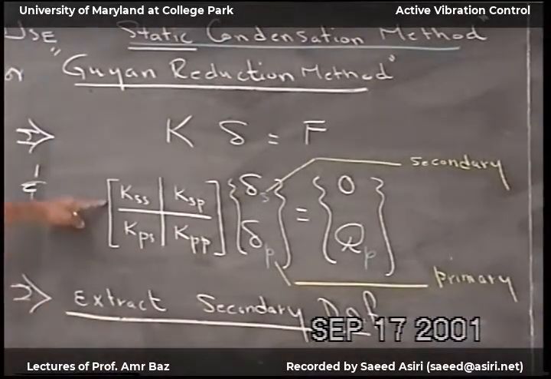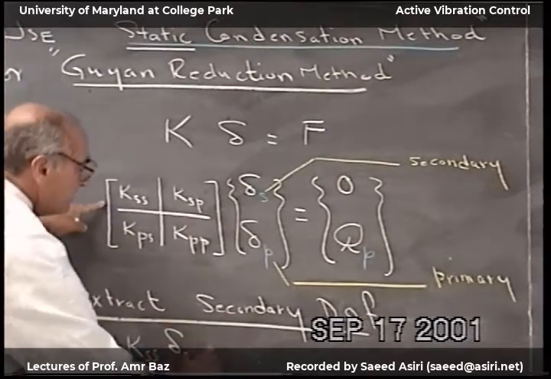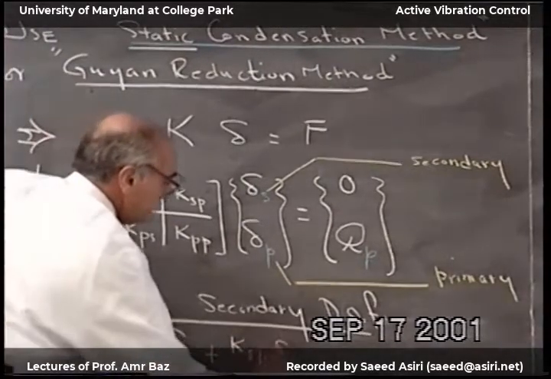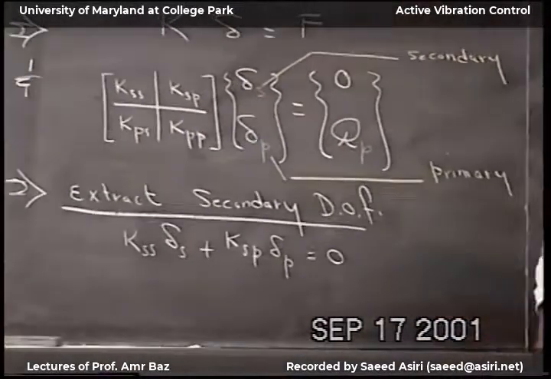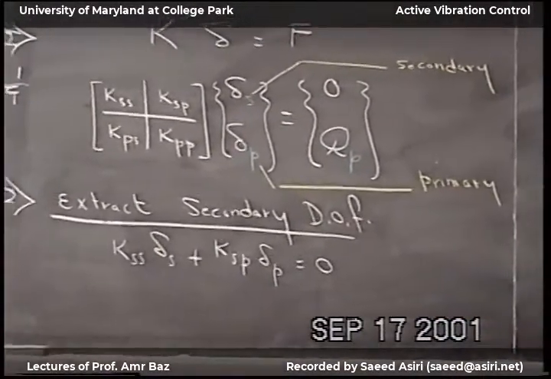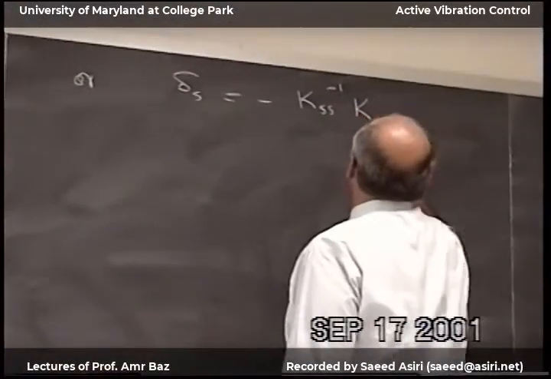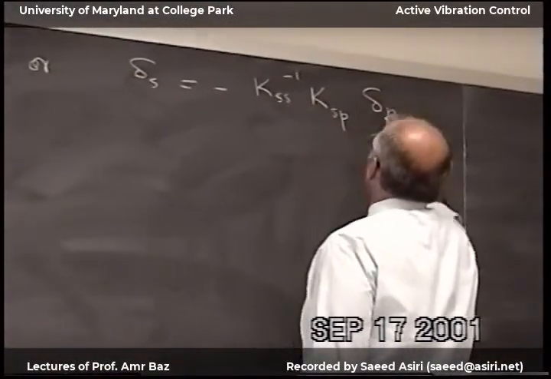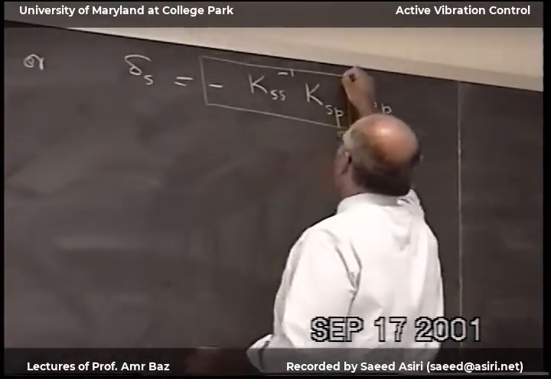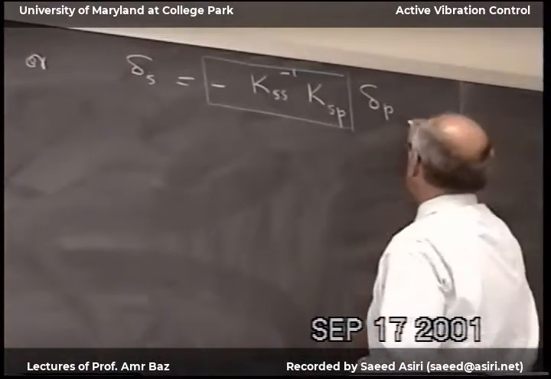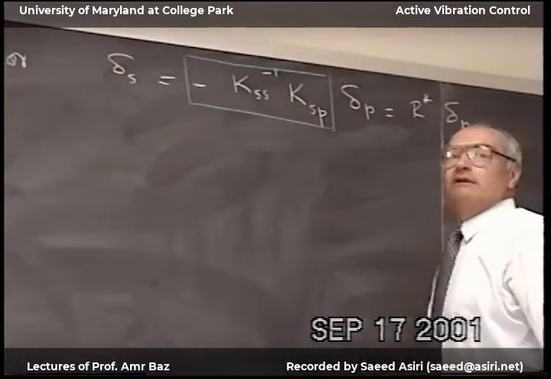So from here, I'll have K_SS delta_S plus K_SP delta_P equal to 0, or delta_S equals minus K_SS inverse K_SP delta_P. I'm going to call all this a little transformation matrix R star, times delta_P.